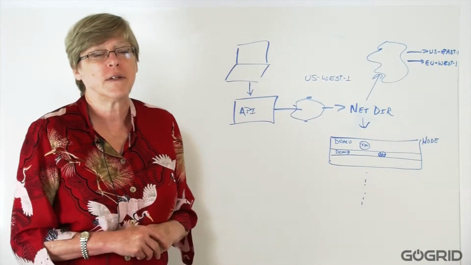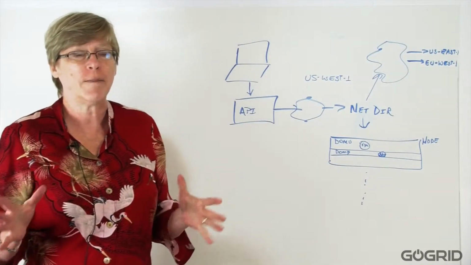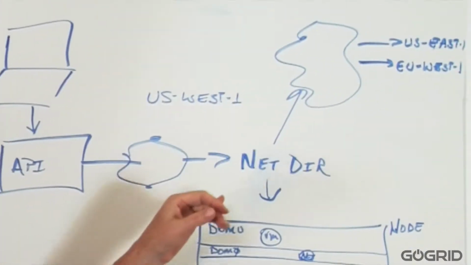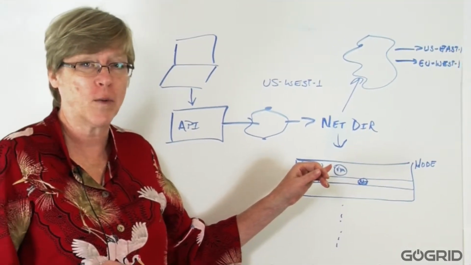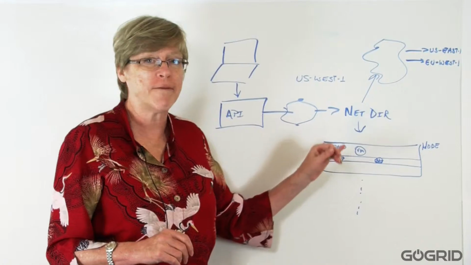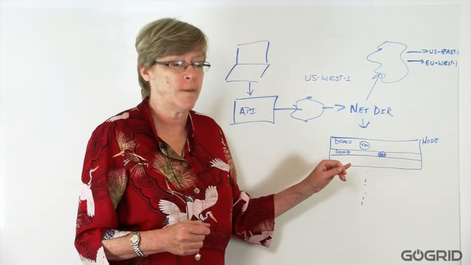This allows the creation of the firewall in all data centers, and we'll get back to that in a minute. The net director determines what VMs are covered by the firewall and sends a request to every node that has a VM running that is covered by that firewall.